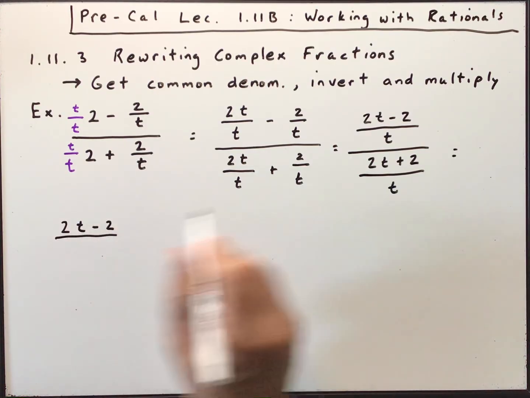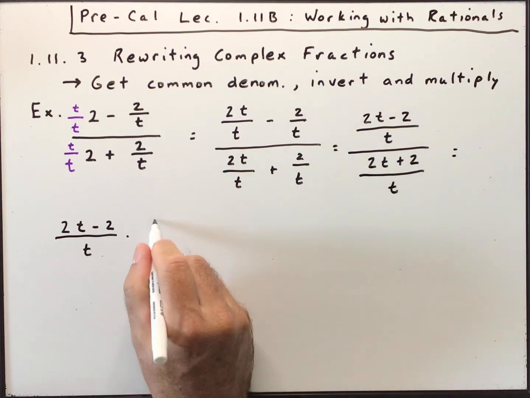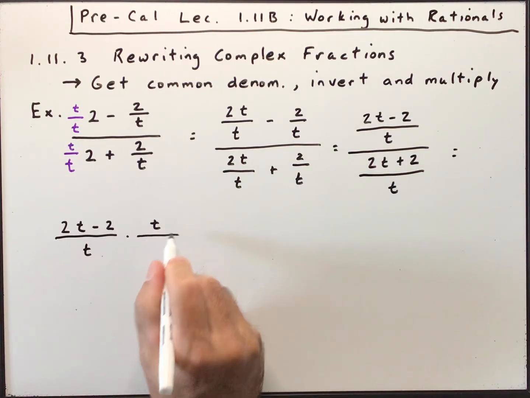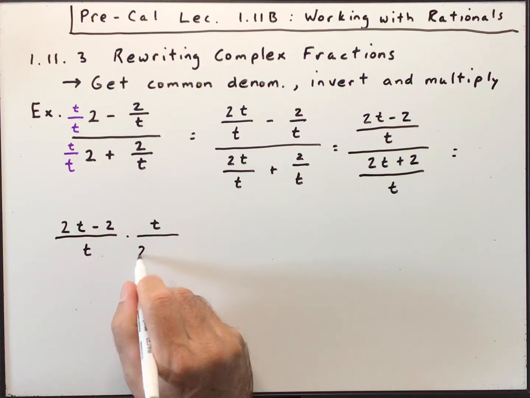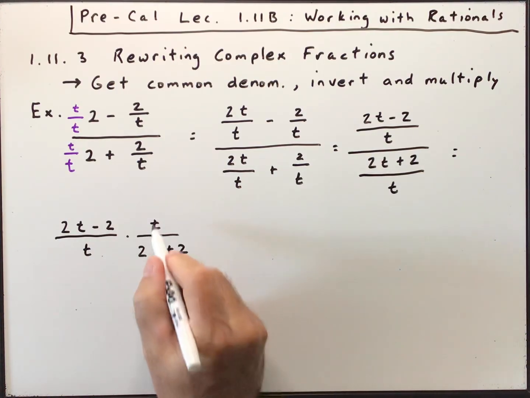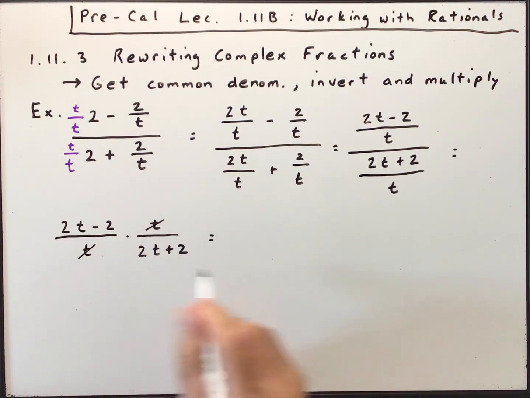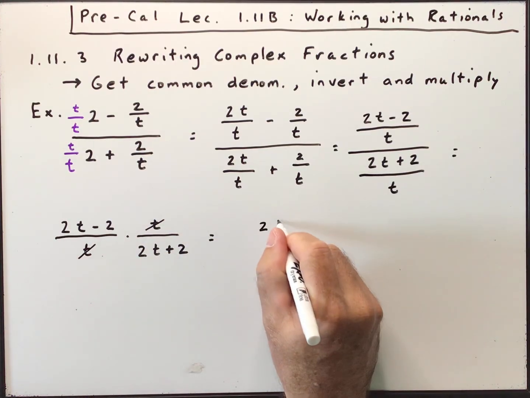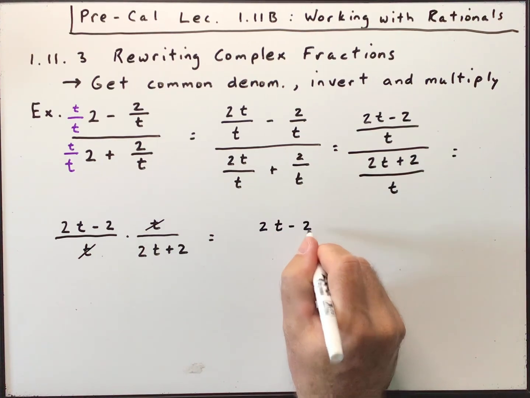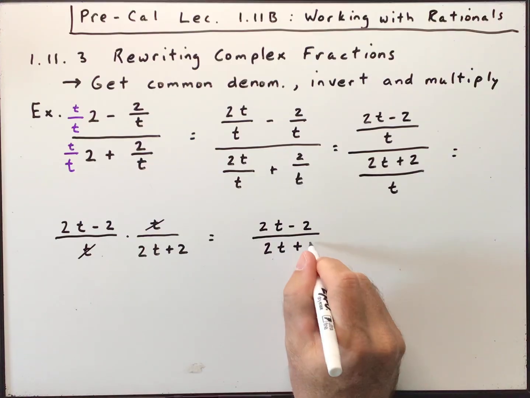I'm rewriting this top fraction over t, and then I'm flipping the bottom and multiplying. So it would have t over 2t plus 2. Well, now the t's will cancel out. And we can get all this together as 2t minus 2 over 2t plus 2.